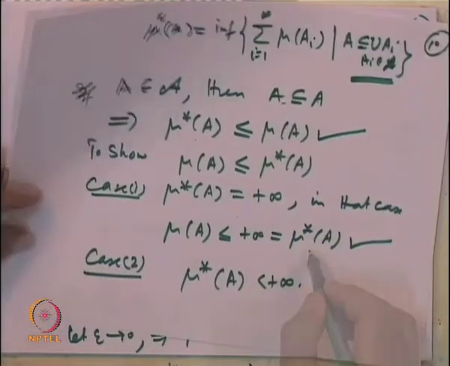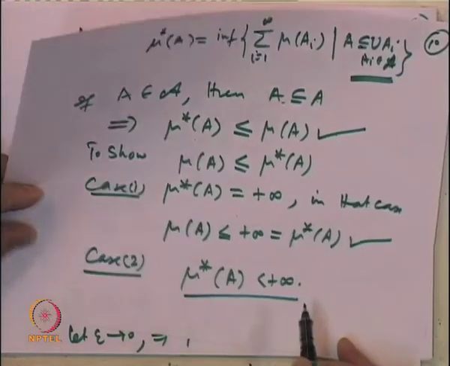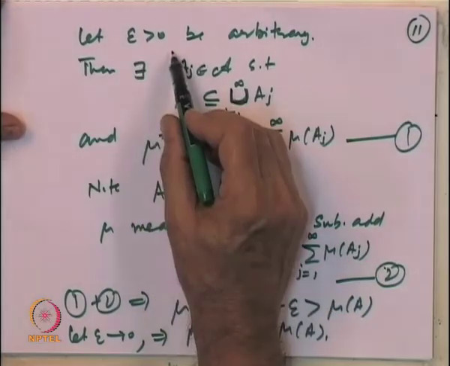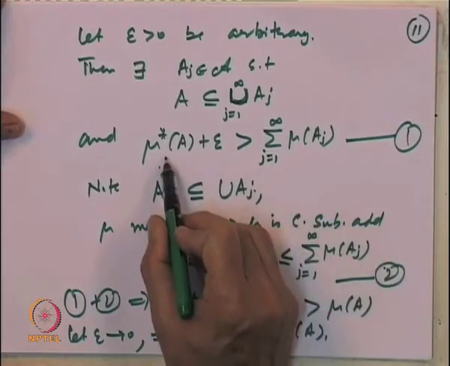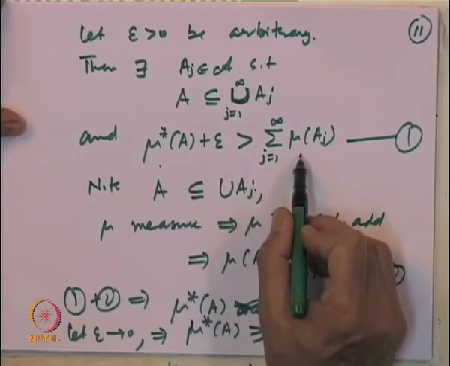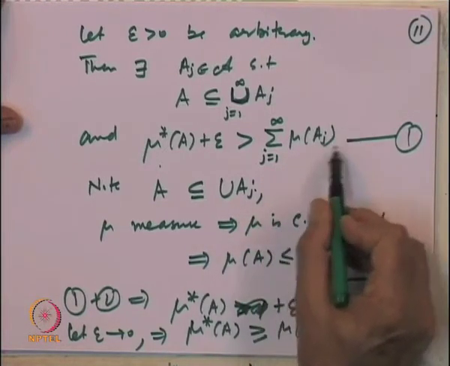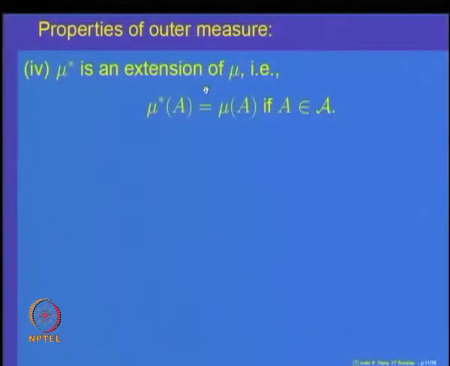And to show the case when mu star of A is finite, we look at the definition once again: given epsilon bigger than 0, there is a covering, so that the infimum plus epsilon is bigger than one of the elements over which you are taking the covering. Now, using the fact that mu is countably sub-additive, this is bigger than or equal to mu of A, and hence that proves the required property.